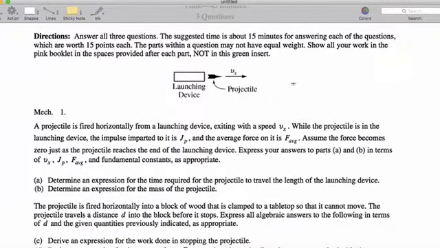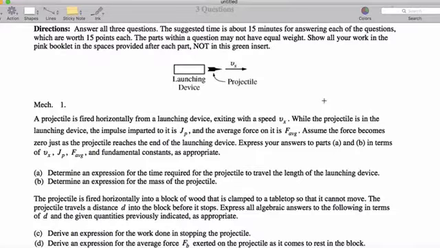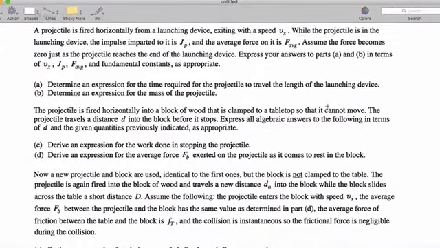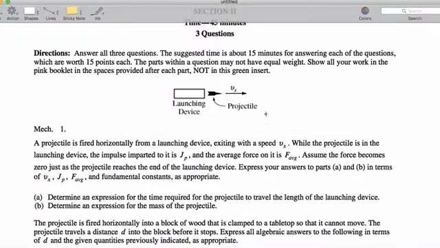So this is really an application at first of the impulse momentum theorem. And then this projectile gets fired and it embeds itself in a wooden block. So we have to use the work kinetic energy theorem and possibly conservation of energy. To start with, we have an impulse, we have a force, we have Vx.